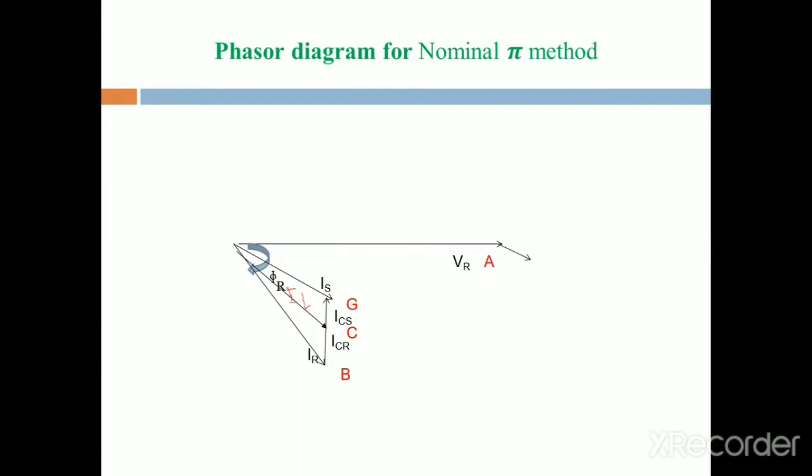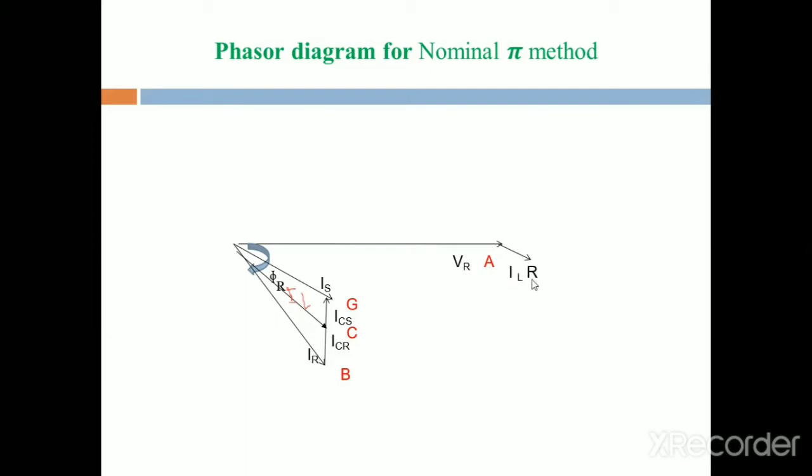By projecting this IL onto VR, it is represented as ILR. This is the resistive drop in the transmission line. Whenever current flows, automatically we have some voltage drop in the transmission line.